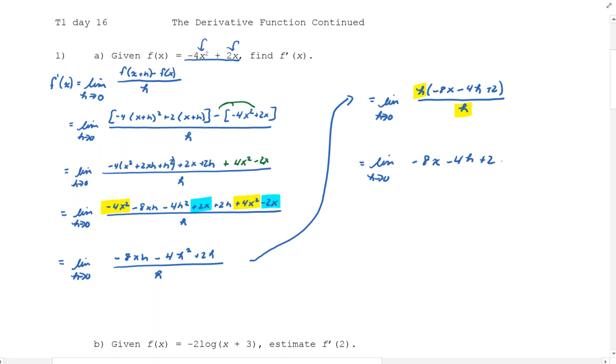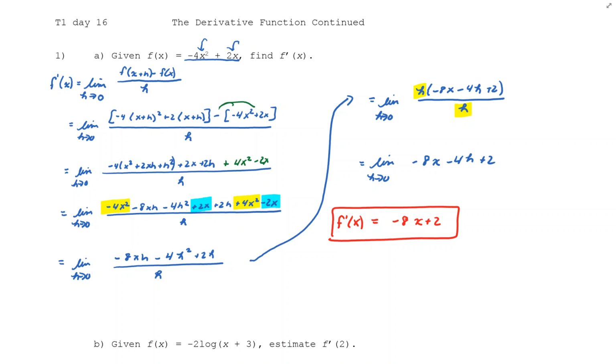And if I let h go to 0, that equals negative 8x plus 2. So f prime at x is equal to negative 8x plus 2.